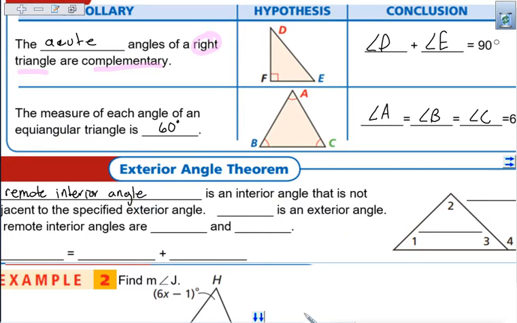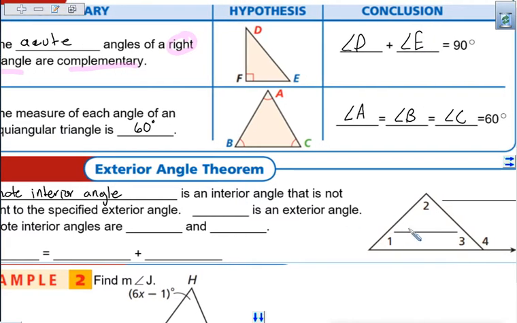Okay, next up, we are looking at interior versus exterior angles. Remember that interior is going to be inside of your triangle, exterior is outside of your triangle. So all of the angles inside of your triangle are interior, any angle outside of your triangle is exterior. That means that angle 4 is an exterior angle.